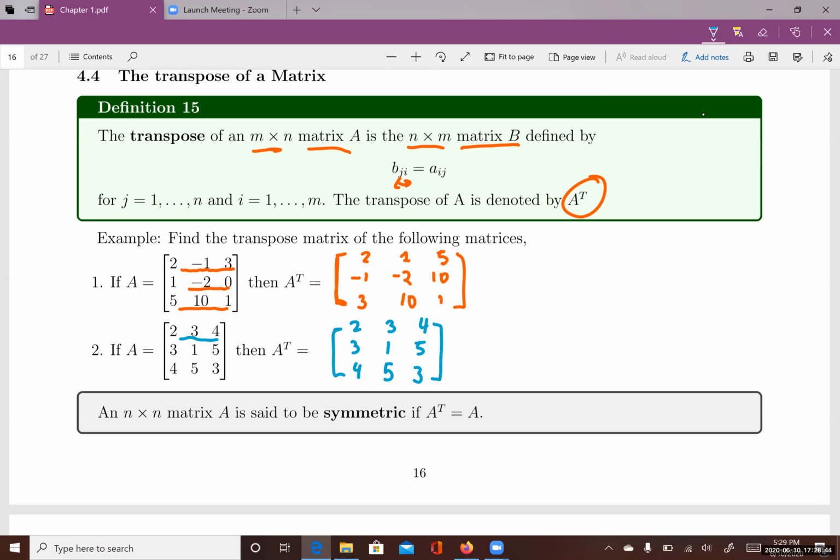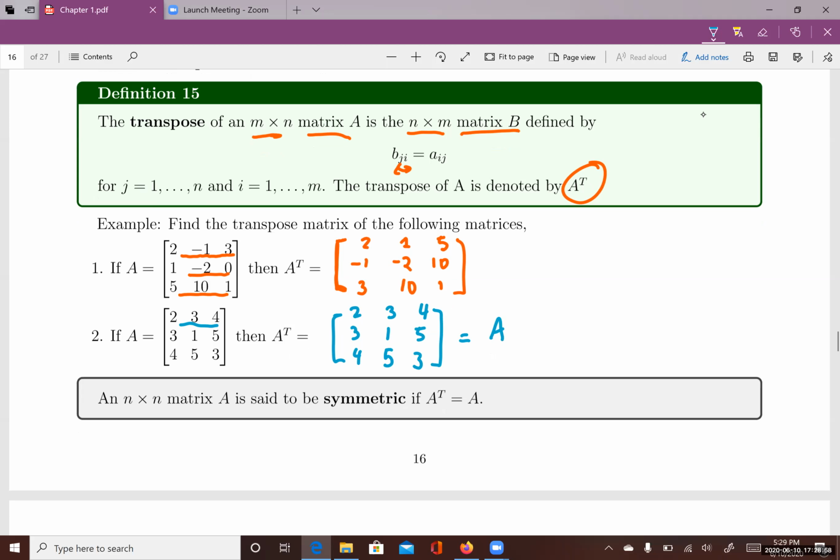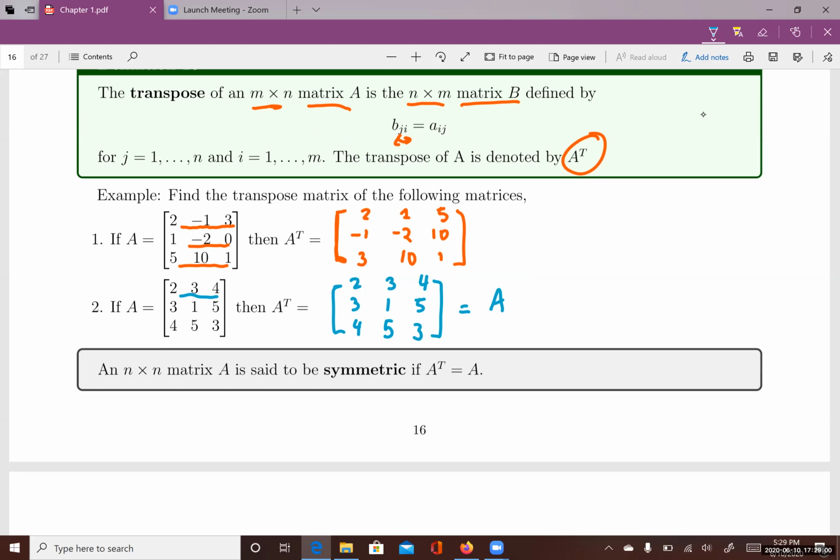If I look at this A transpose, it looks exactly the same as A. So I know that A transpose is the same as A. When a matrix is its own transpose, that matrix is said to be a symmetric matrix. A square matrix A is said to be symmetric if A transpose equals A.